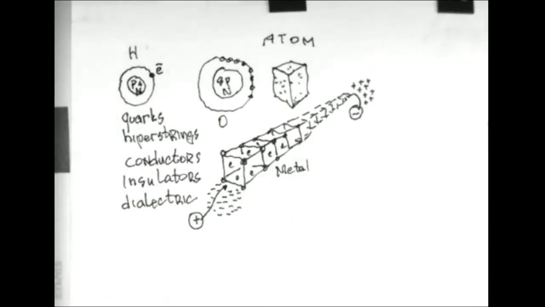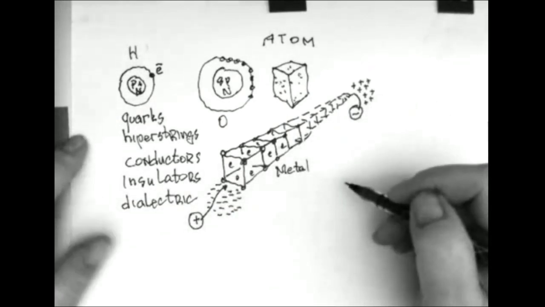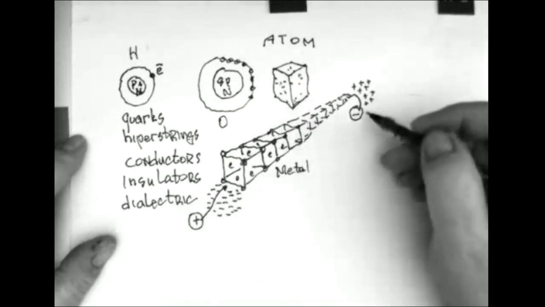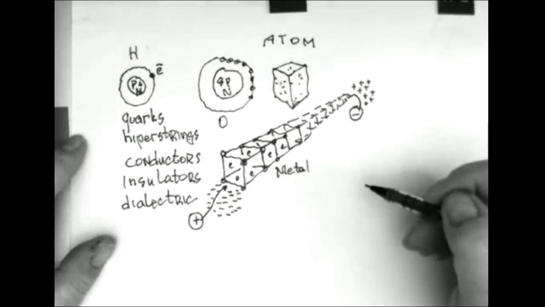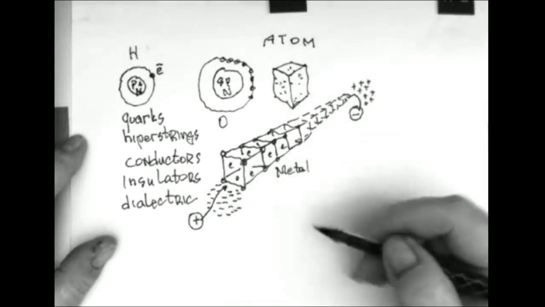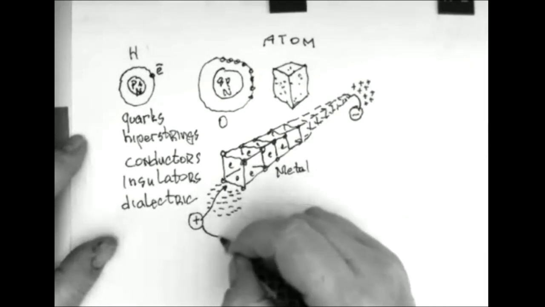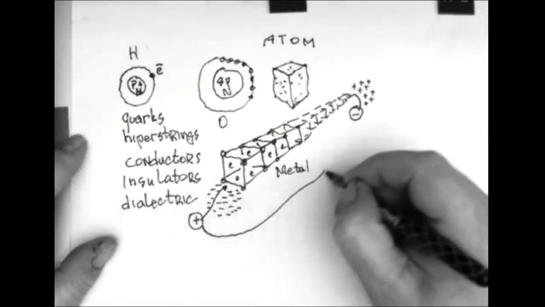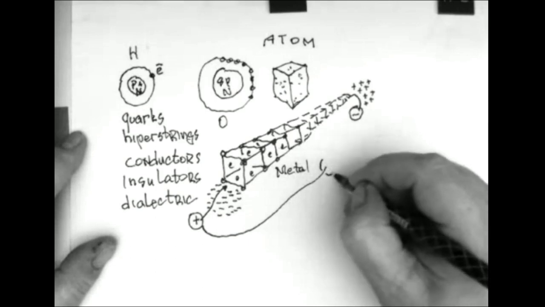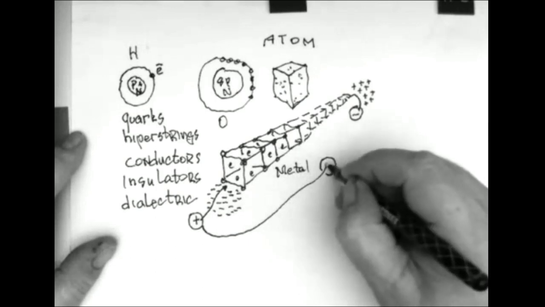But how can we create this charge, folks? How can we put a positive charge on one end and a negative charge on the other end of the conductive material? We will take the same piece of metal here and I will connect it to the chemical source of electricity.